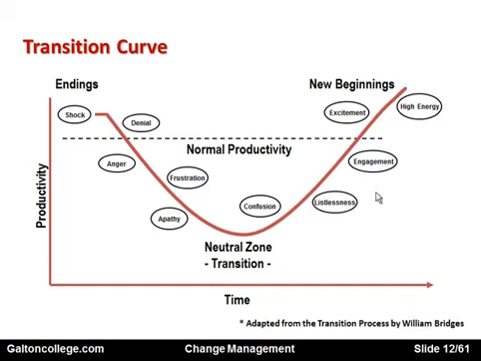So we have this ending over there on the left up here. The product comes to an end. This neutral zone is the zone in between the end of one product and the start of the next. This almost no man's land in between. And then we've got the new beginnings up there.